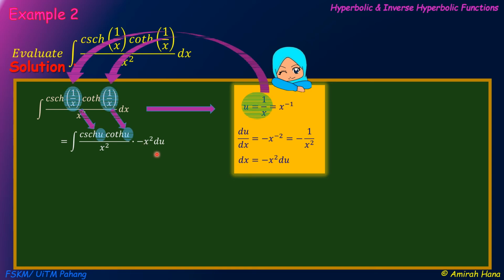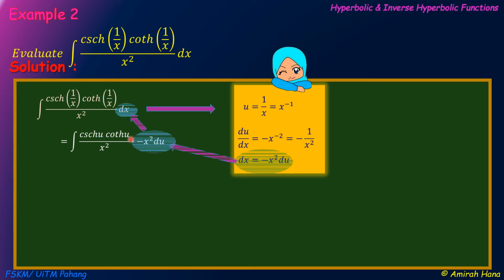After that, we replace u by 1 over x here, and we replace dx by negative x squared du here.